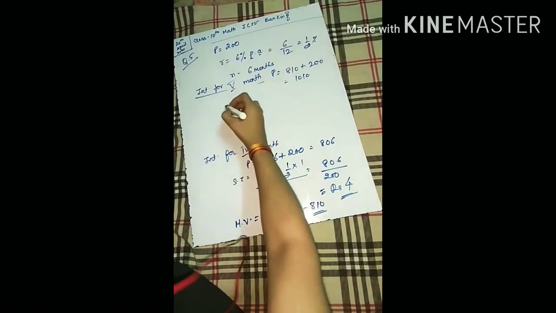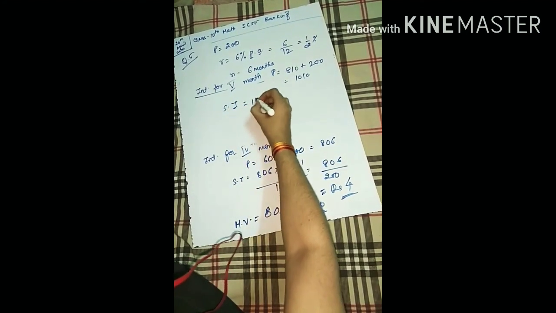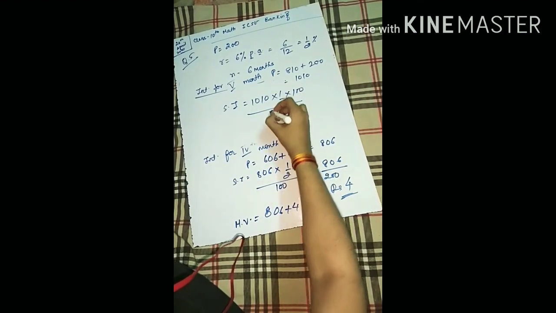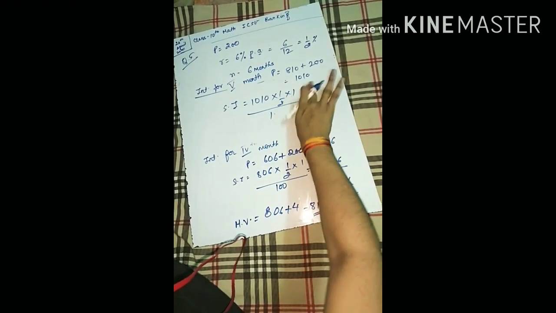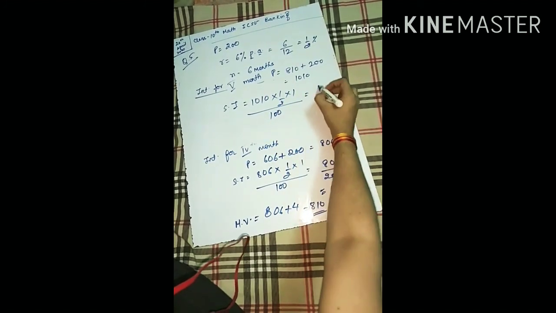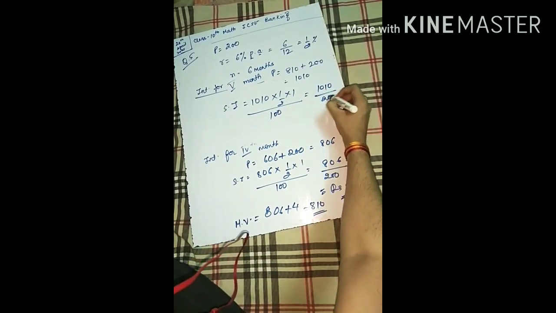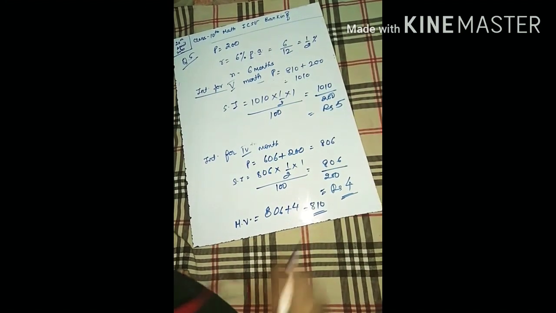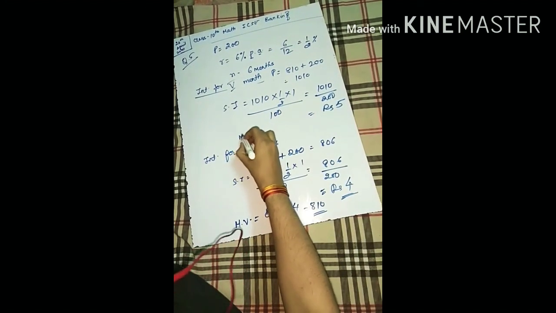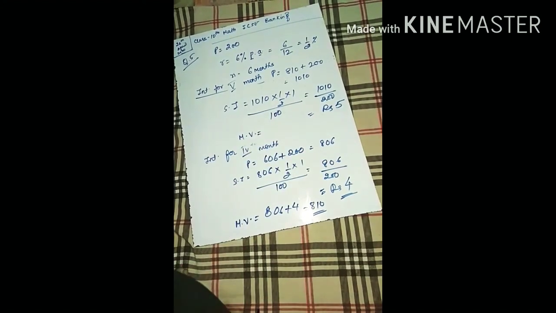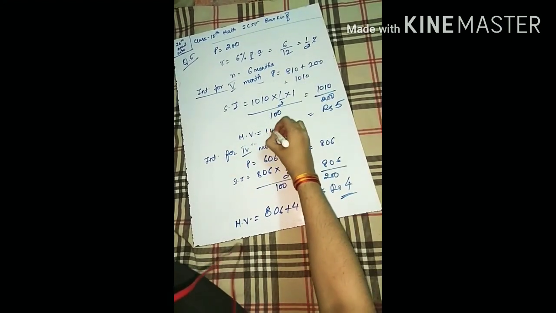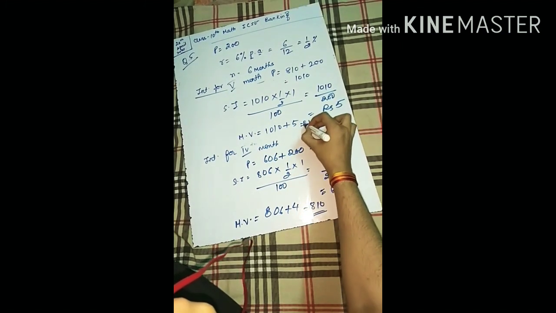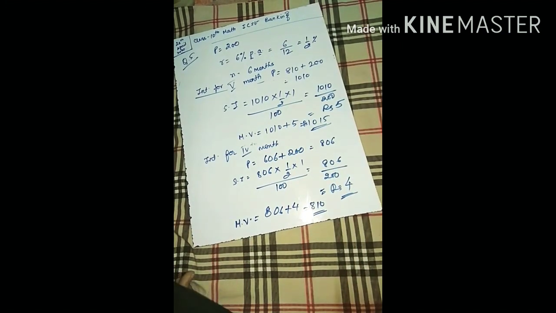This 1010, again simple interest formula, half into 100 upon 100. So 1010 upon 200. This will give you rupees 5. Okay, then what will be the maturity value? This will be 1010 plus 5. So this will be 1015.